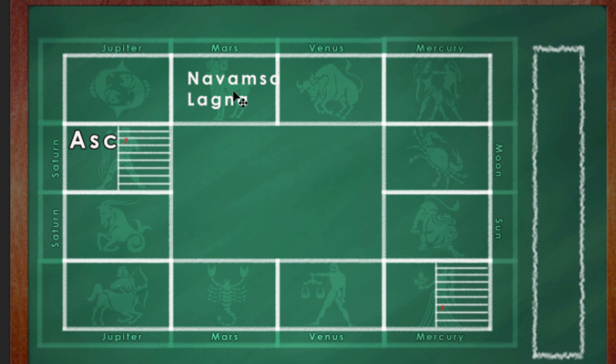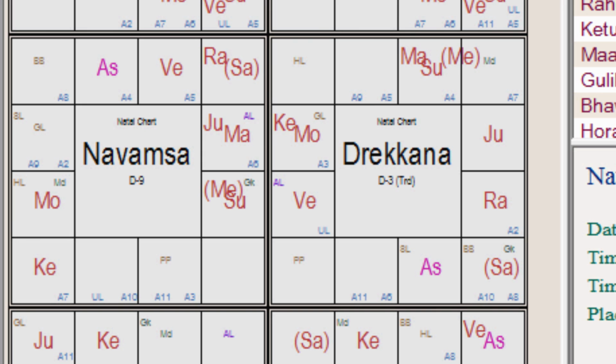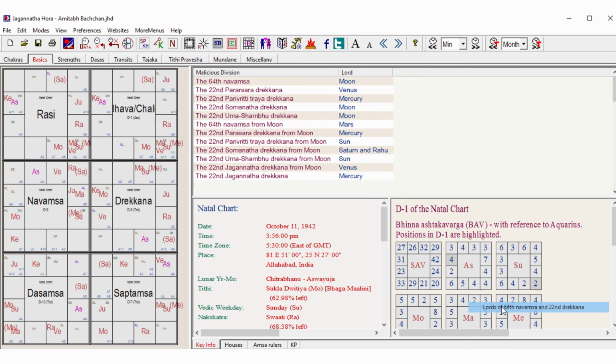If you want to do this in the simplest manner, instead of doing all this 12, 12, 12 and then saying, okay, where is that? Instead of that, straight away count the 4th from the Navamsa Lagna. 1, 2, 3 and 4. Now this is the 64th Navamsa. So when you go back to this Navamsa, you find, so this is exactly the same as shown here.